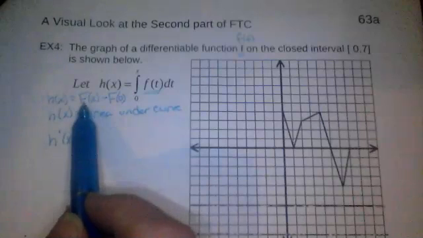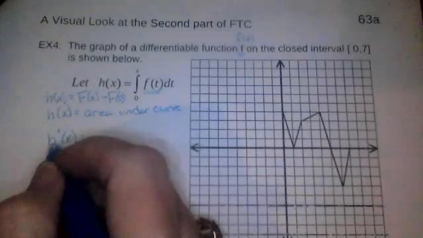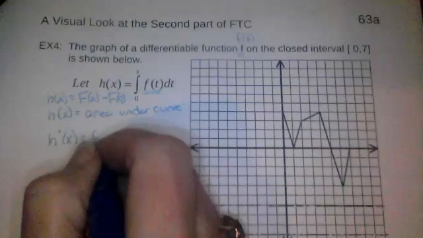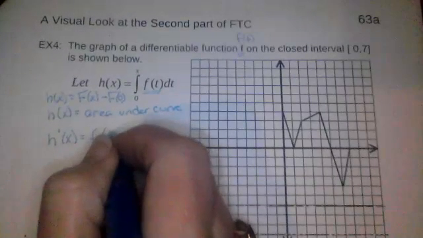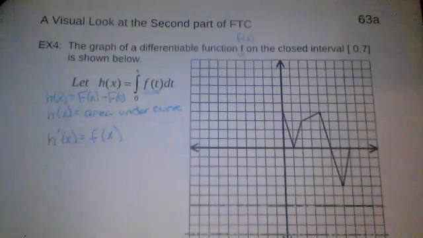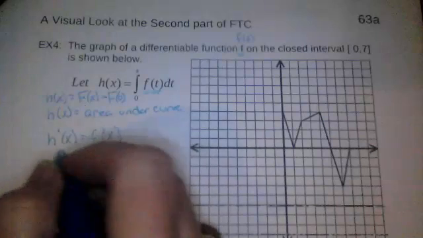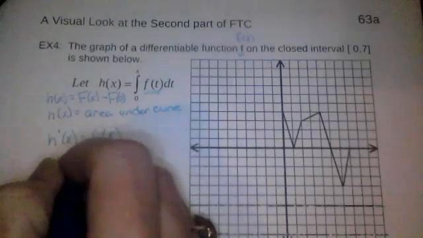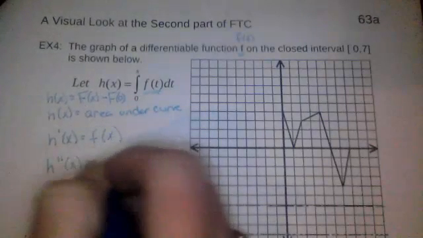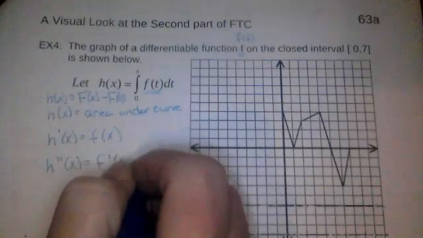So if I were to take the derivative of capital F, I just get lowercase f. So h prime of x is just equal to f of x. That's the fundamental theorem, part 2. That's what we learned. And then if I would take the second derivative of h, that would be the same as the first derivative of f.